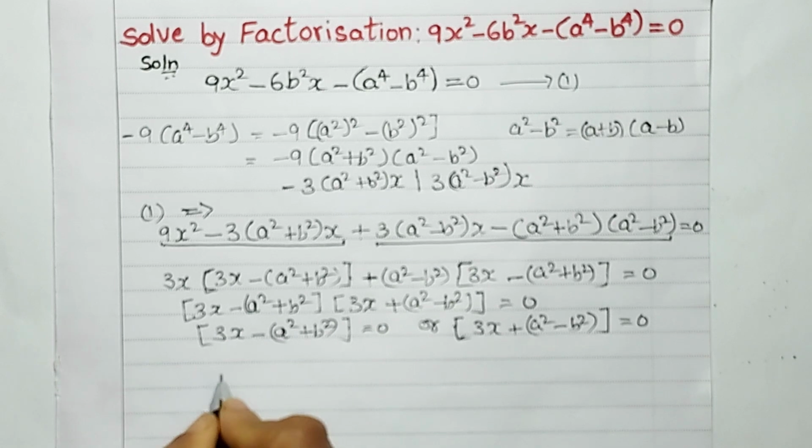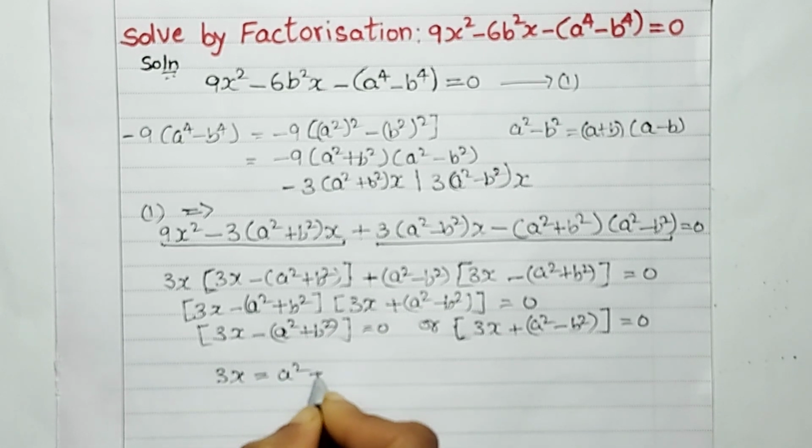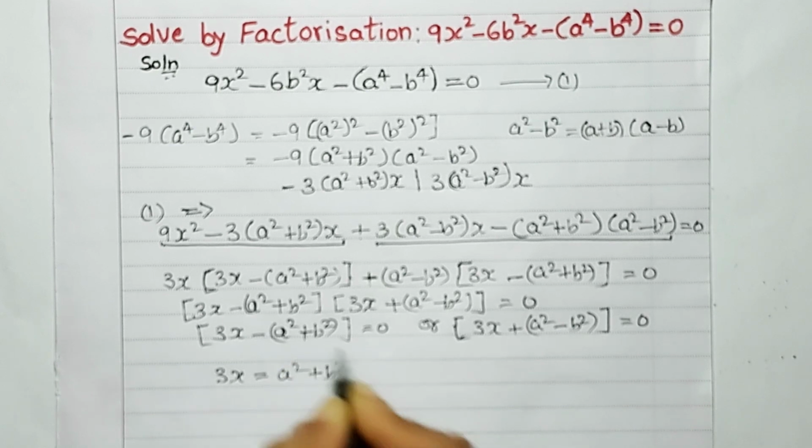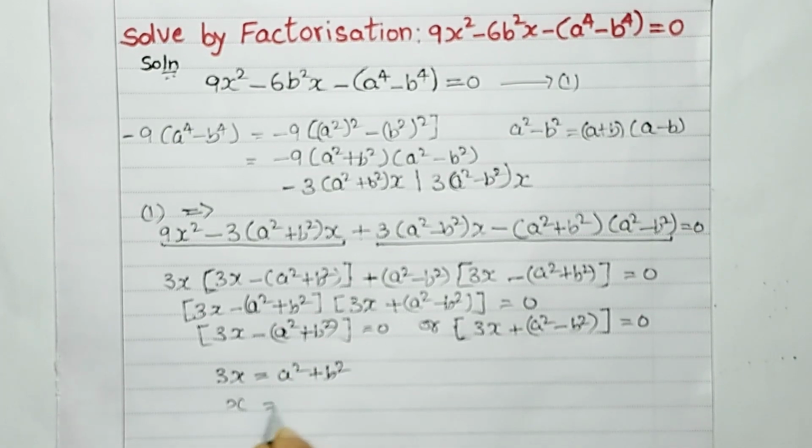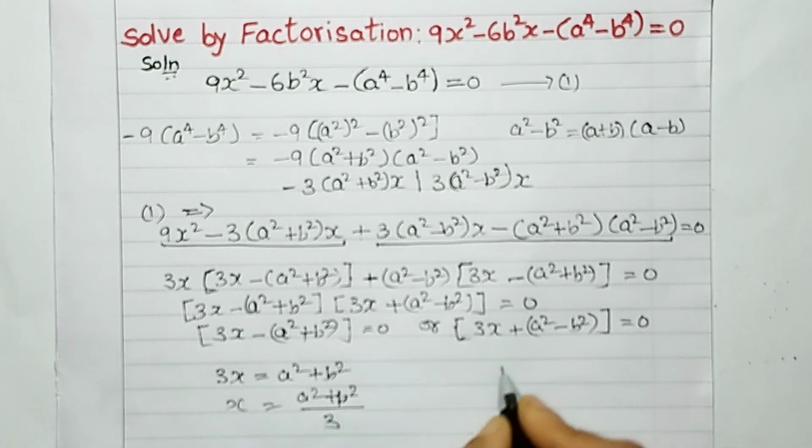3x = a² + b², or x = (a² + b²)/3 is one solution.